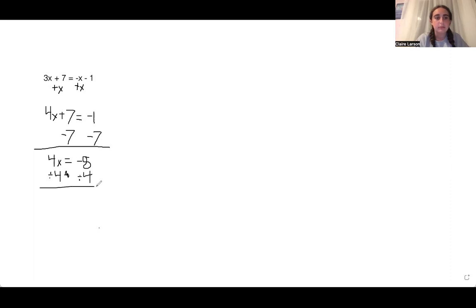And then we're left with, so think of 4x divided by 4 will just equal x, because 4 divided by 4 equals 1. So it's 1 times x.